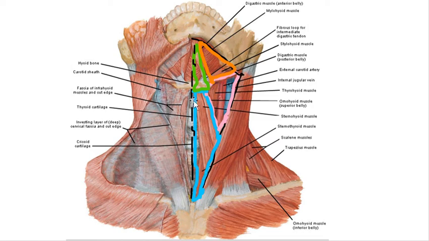So this is our main anterior triangle, which has been further divided into the submental, submandibular, carotid and muscular triangles. I'm going to go into the details of certain structures which will help you understand the concept of these triangles in my next video.